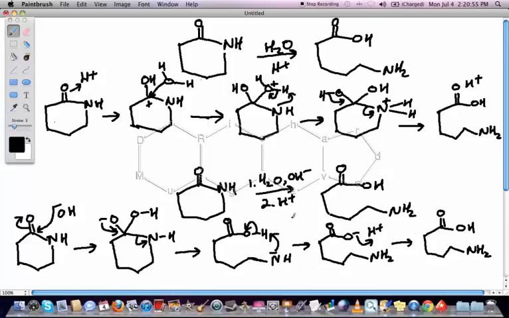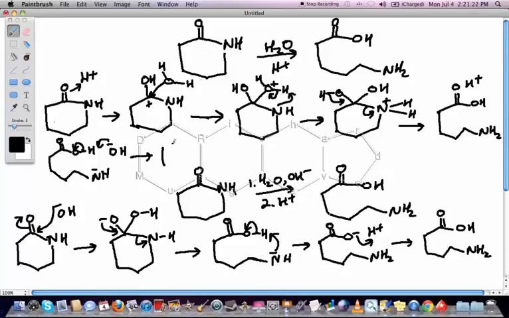We do have an alternative though, which I'll show over here, and that is at this step, instead of having the N negative take the OH, we have an OH negative from the solution take the H. I don't think this is incredibly likely, but it could happen.